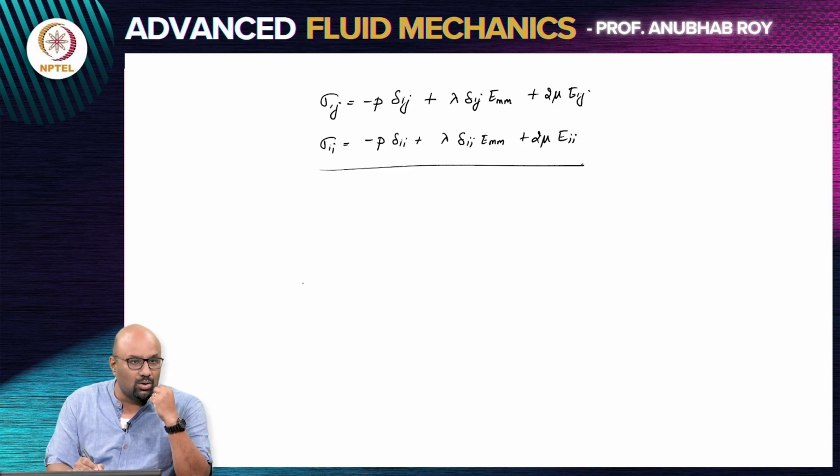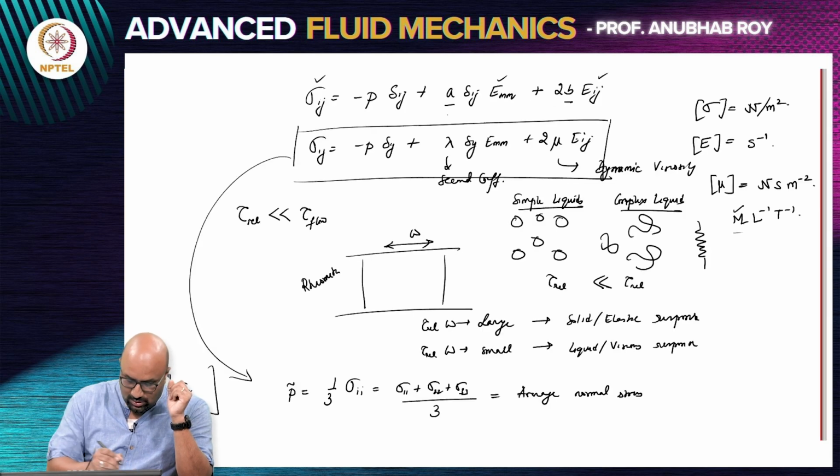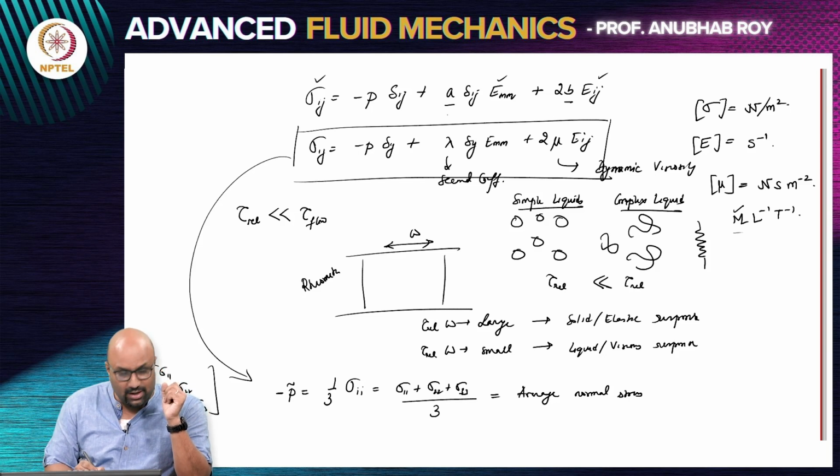Now, we already know, we have done this several times, that delta ii is nothing but 3, the sum of all the diagonal entries of an identity tensor, and sigma ii is, so I will use the notation minus P.